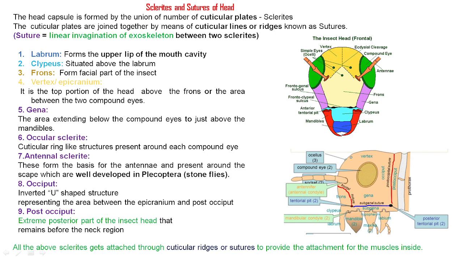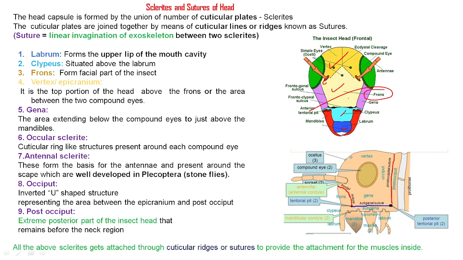See here the sclerites and sutures of insect head. The insect head capsule is formed by the union of several cuticular plates, that is labrum, clypeus, frons. Frons is the largest sclerite of the insect head, next vertex, ocular sclerite, antennal sclerite, occiput, and post-occiput.